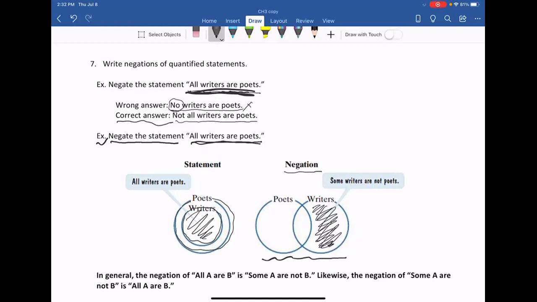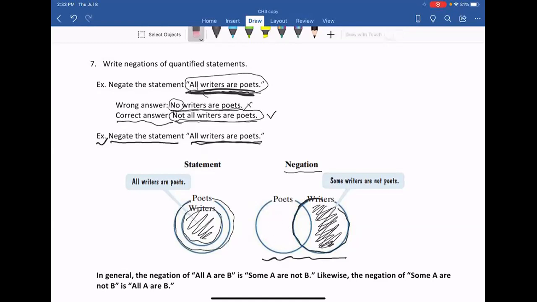You can also think of it from the previous example. This is the statement, and not all the writers are poets is the negation. Not all means not all the writers are inside the poets, so they have an intersection but they can't be entirely inside.